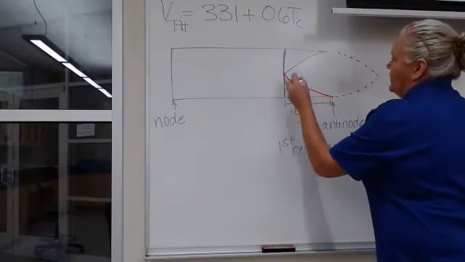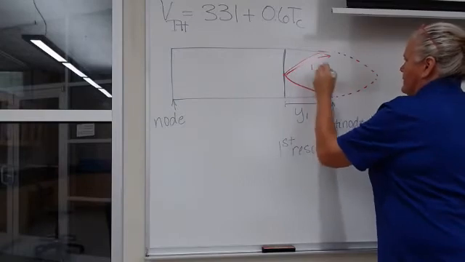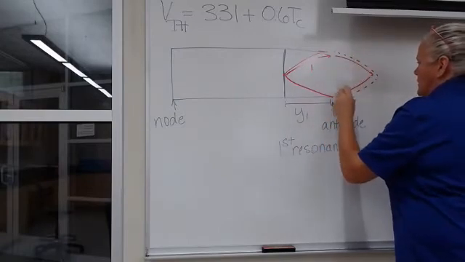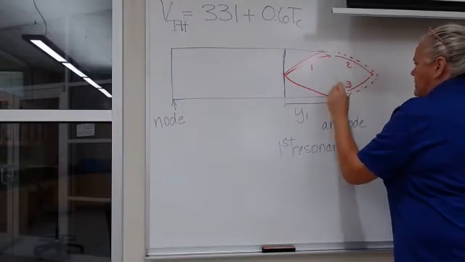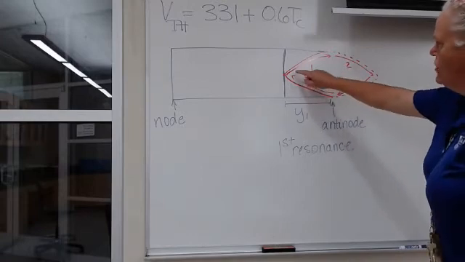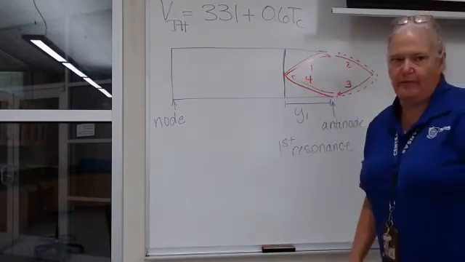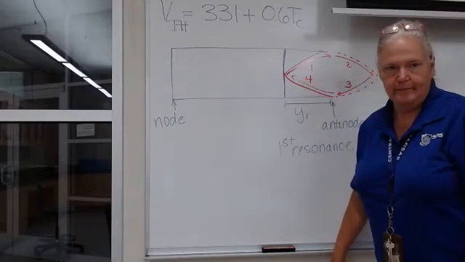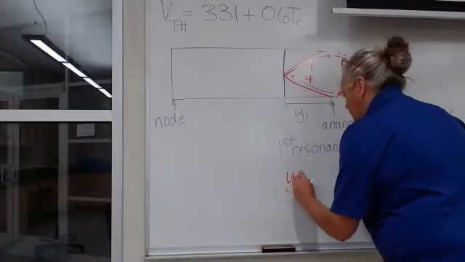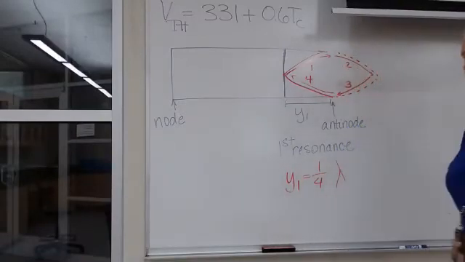Well, I get the top part of the football, so there's 1, then that part, so that's 2, 3, 4, because this is symmetric. So to trace out a whole football, I would need this length right here 4 times. So Y1 corresponds to 1/4 of the wavelength of my wave.